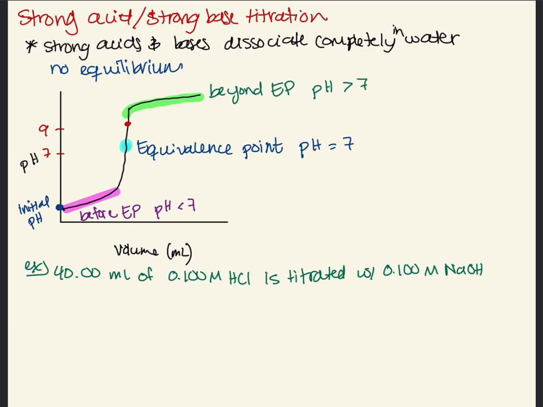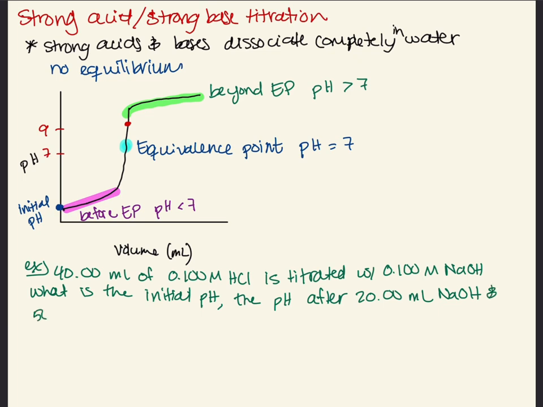So let's calculate the initial pH, the pH after 40, or let's do 20 first, milliliters of sodium hydroxide is added, and 50 milliliters of sodium hydroxide.